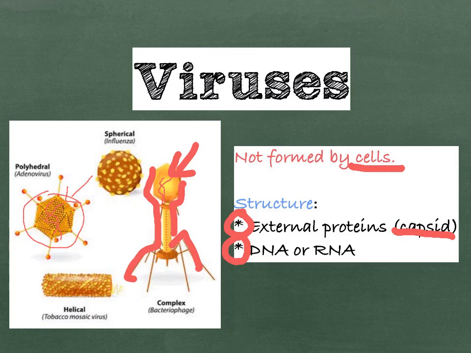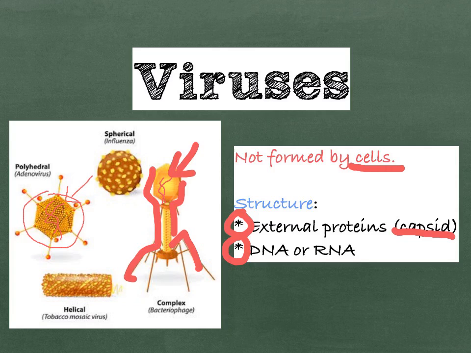Once again, only remember that viruses are not made by cells. They are only formed by an external case of proteins known as capsid, and inside they contain DNA or RNA. They will not possess any characteristic of living things such as metabolism, growth, irritability, besides reproduction.